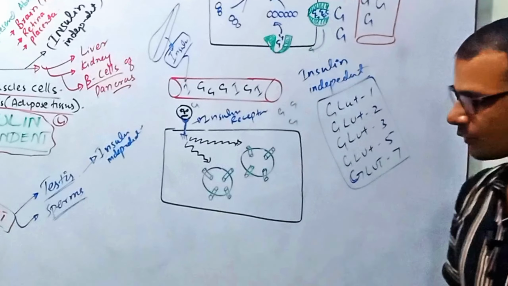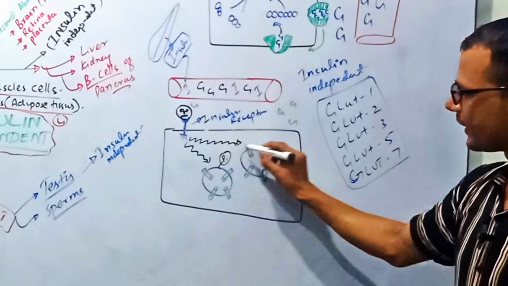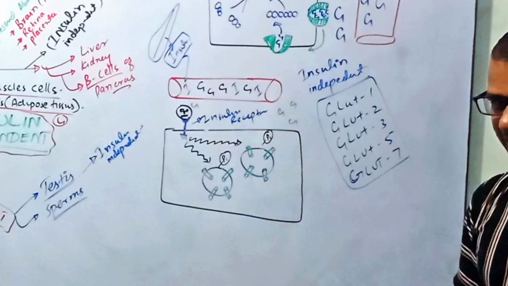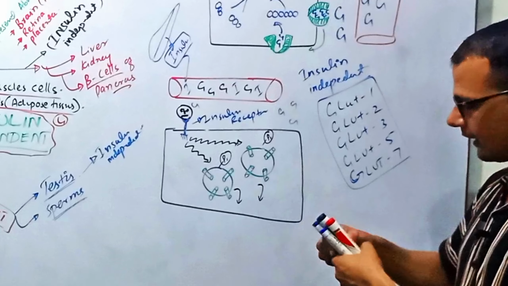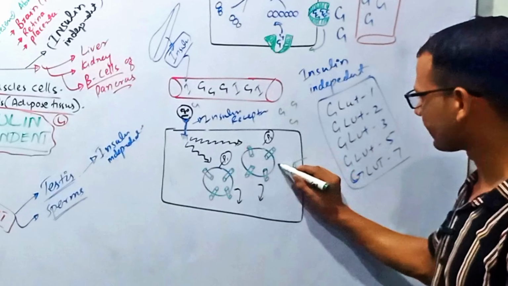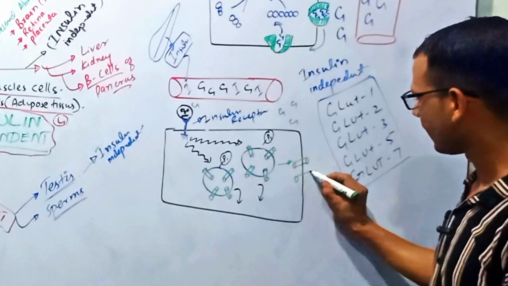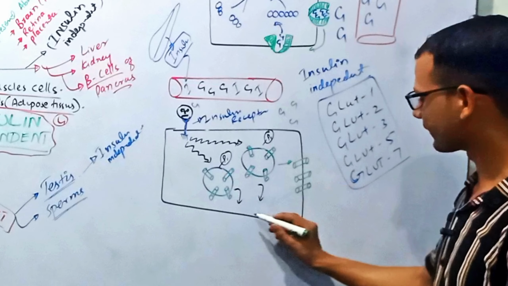phosphorylation. Phosphorylation means it will attach a phosphate group to this vesicle, and by this the vesicle will attach to this membrane. For example, it will attach here, and the GLUT4 receptor will open.